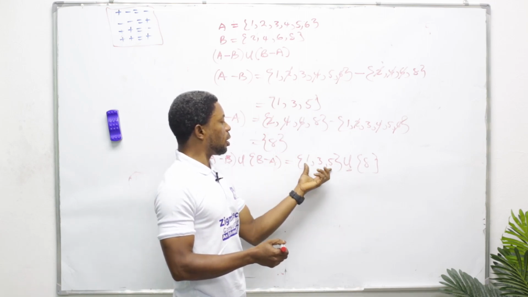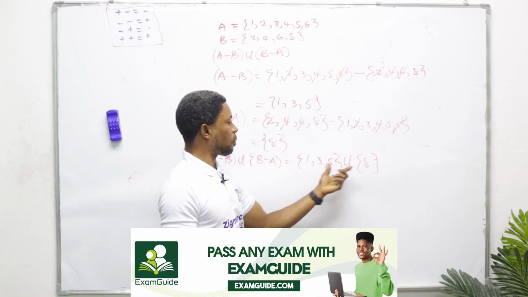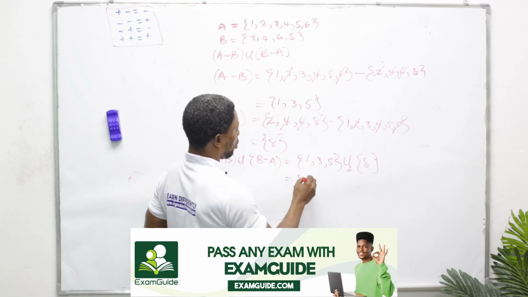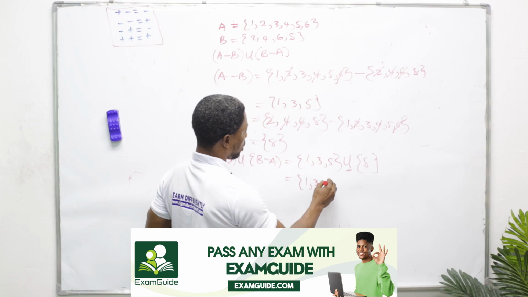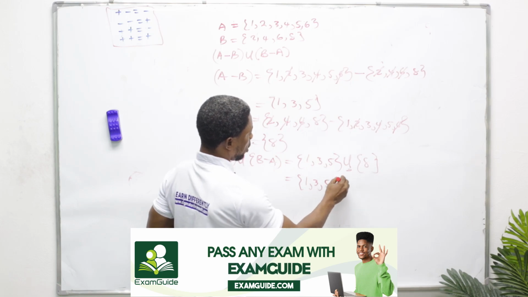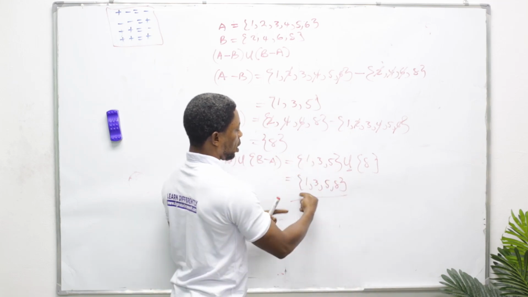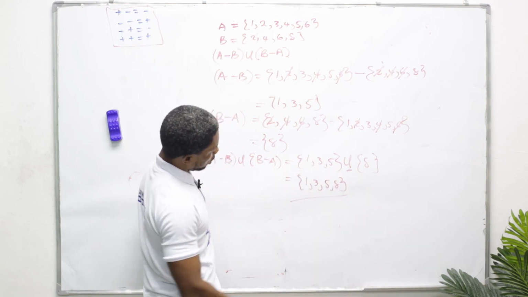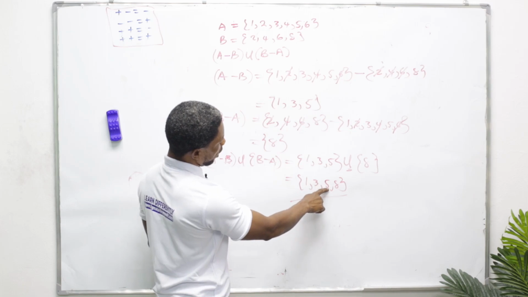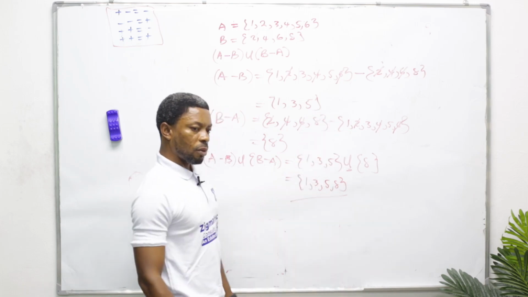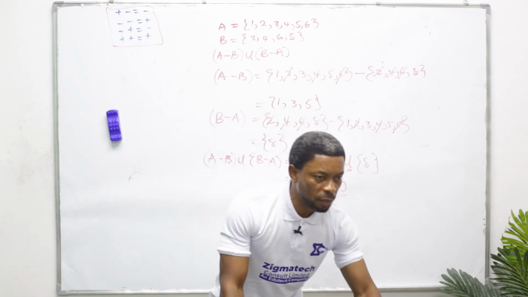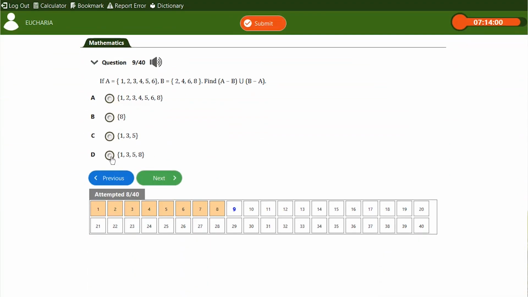List all what you have here, combine them under one union. That becomes 1, 3, 5, and 8. Let's check our answer. 1, 3, 5, and 8. Answer is D.